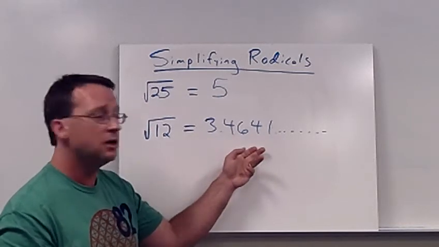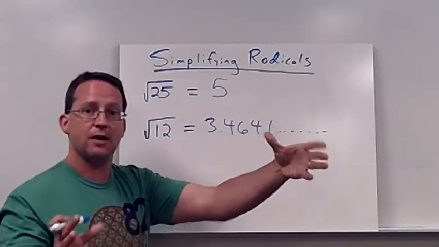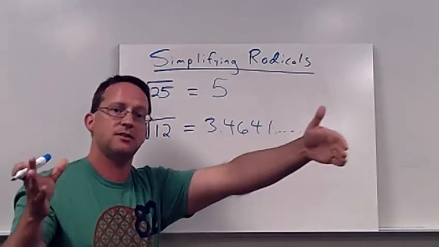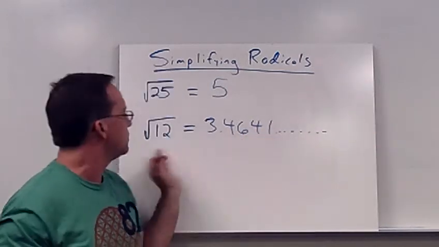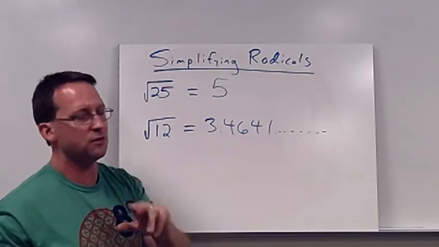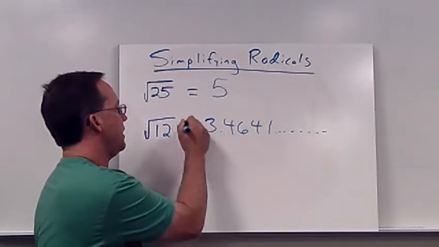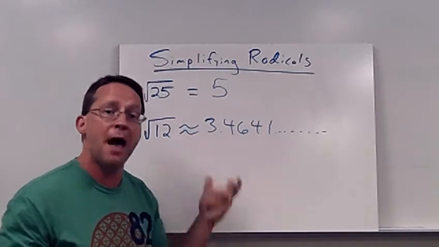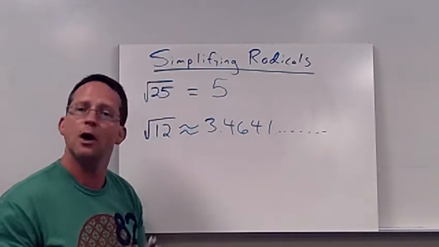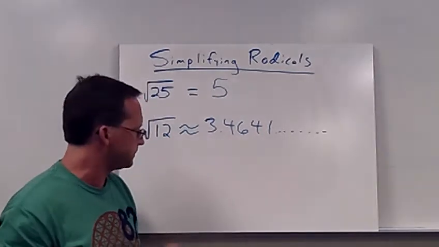They're close, but if I had a bigger calculator, or a computer, and I could see more decimal places, that decimal would continue on. So really, I can't say these two things are the same. I could use this instead, which means approximately equal to. They're awfully close to one another, but they're not the same number.